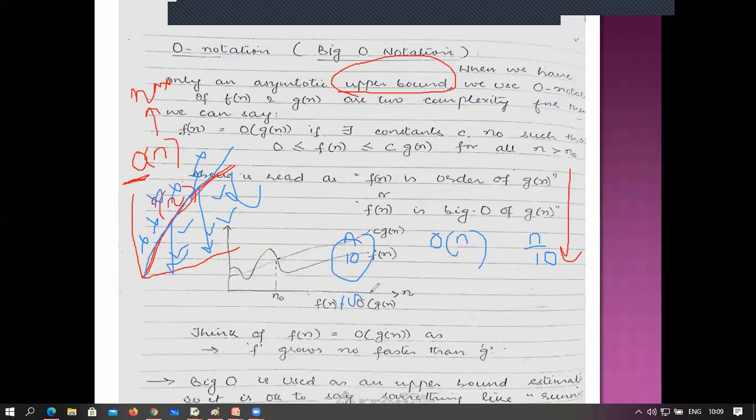If n is 1000, your algorithm performs exactly 1000 operations, and if it is 1 lakh, it performs exactly 1 lakh operations. But when you say the complexity is big O of n, its meaning is that when n is 10, the maximum number of operations performed by your algorithm would be 10. Whenever we say maximum is 10, that means it may be lesser than 10.